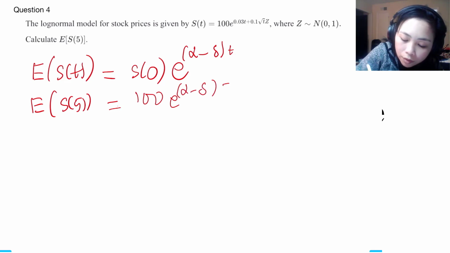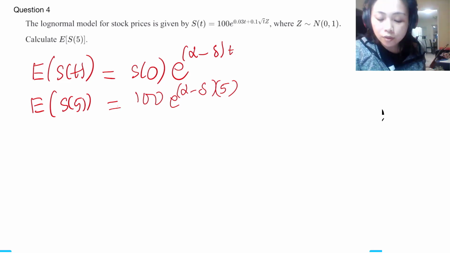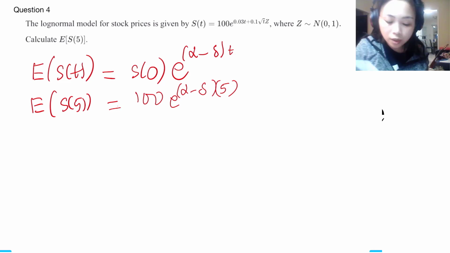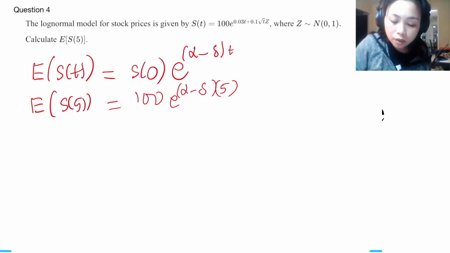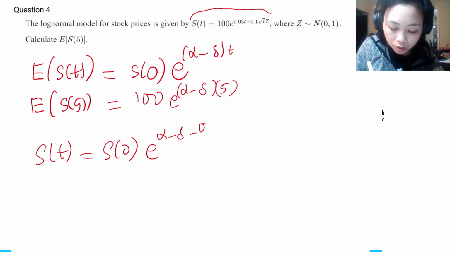So if you synchronize these two equations of S of t, we got 0.03 is equal to alpha minus delta minus sigma square half, and sigma here is 0.1, right? If you synchronize 0.1 square root of t z and sigma square root of t z, we got sigma, the volatility, is 0.1.